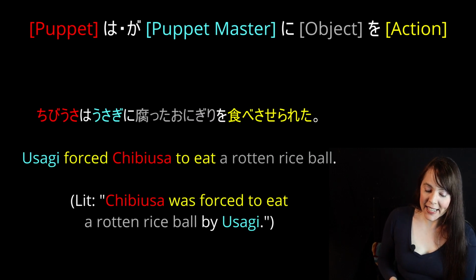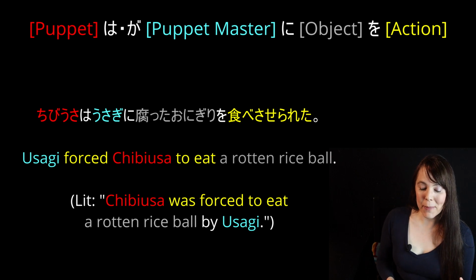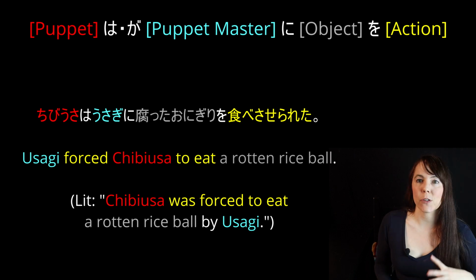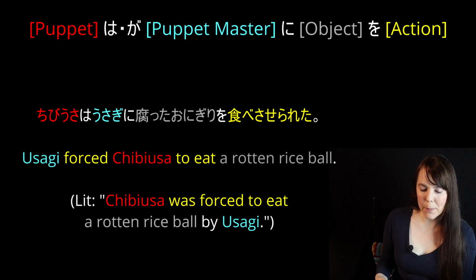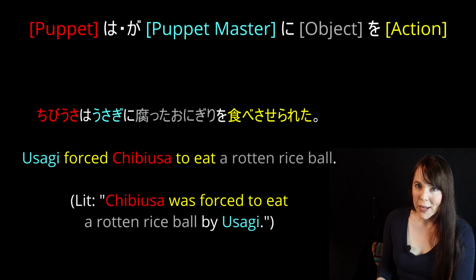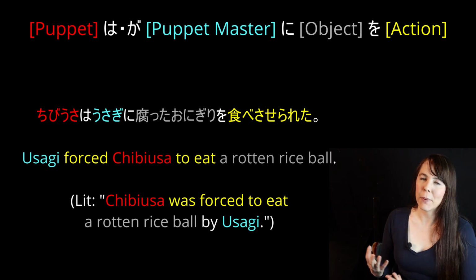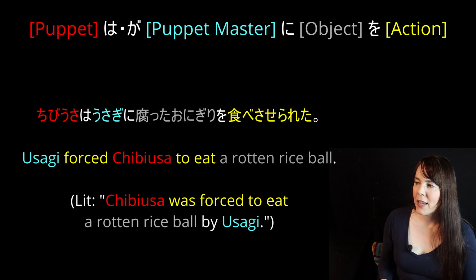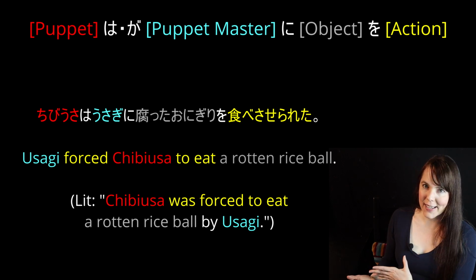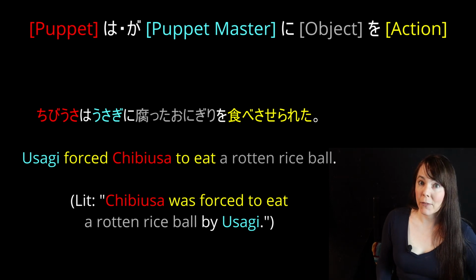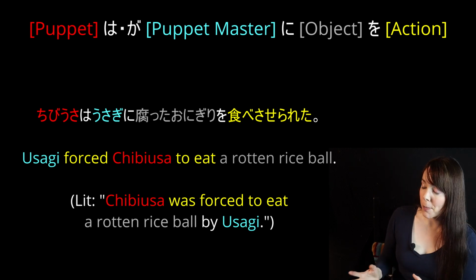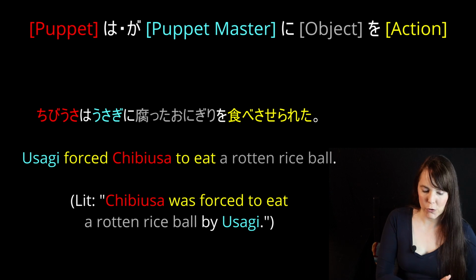Chibiusa はうさぎに腐ったおにぎりを食べさせられた. Okay, so 食べる is to eat. 食べさせられる is to be made to or to be forced to eat by somebody else, basically. And it's ta, so it's past tense. So, Chibiusa wa, Chibiusa is our puppet. Usagi ni, so Usagi is our puppet master. So Usagi is making Chibiusa do something.